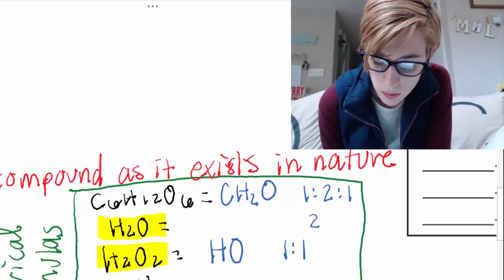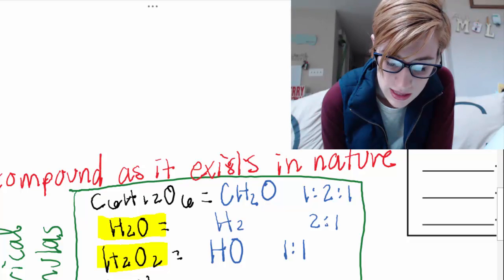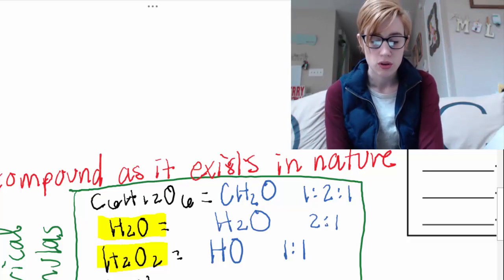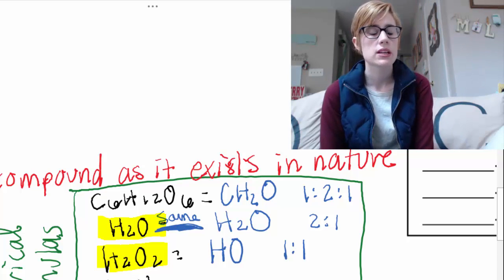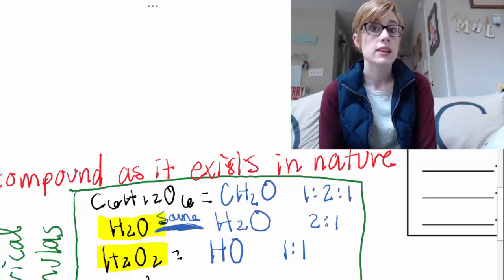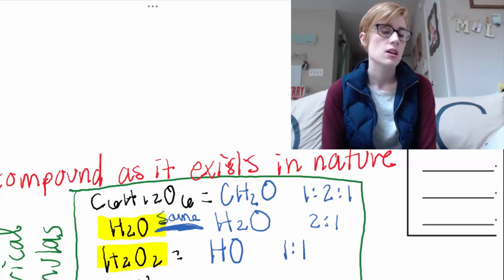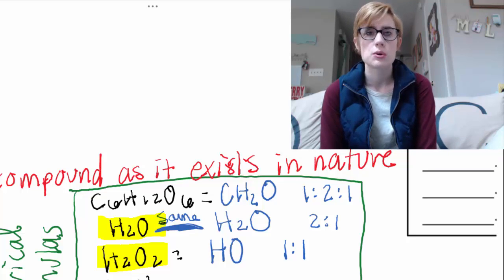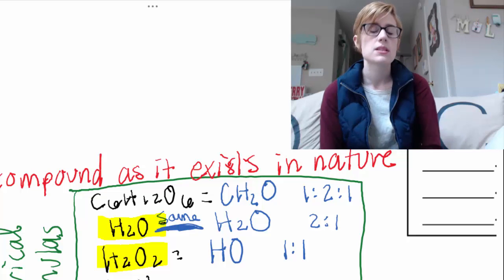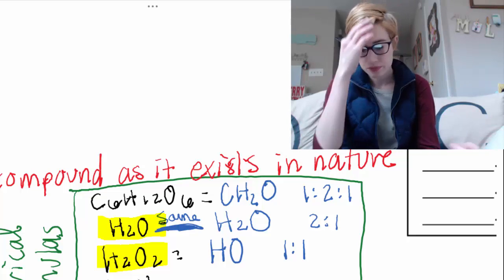So we have to keep the ratio 2 to 1, which means the empirical formula is the same as the molecular formula. Now, how can that be? Well, sometimes a compound can exist in nature in the lowest ratio. For example, water only has 2 hydrogens connected to 1 oxygen, and that just happens to be the lowest ratio. So sometimes a molecular formula can be the same as its empirical formula.